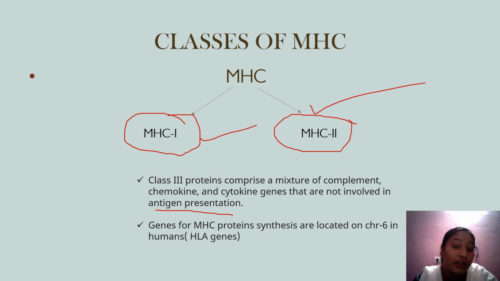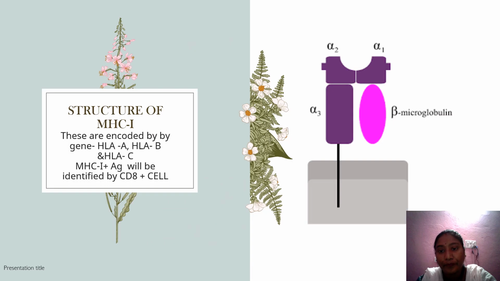So today we are not going to look at this. Generally we are going for MHC1 and MHC2. The genes for MHC protein synthesis are located on chromosome 6 in humans, that is HLA genes. So what are these HLA genes? They are human leukocyte antigen genes.